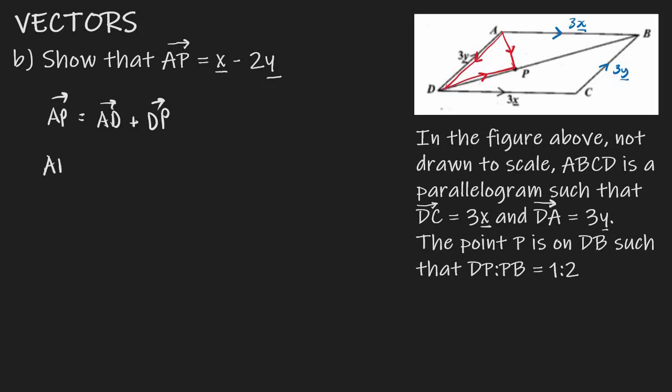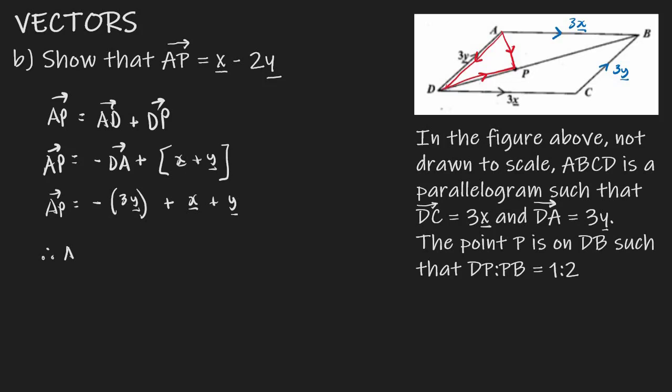Well, AP is equal to AD, which is in the opposite direction to vector DA, so this is negative DA, plus DP, which we found earlier to be x plus y. AP is equal to negative 3y plus x plus y.